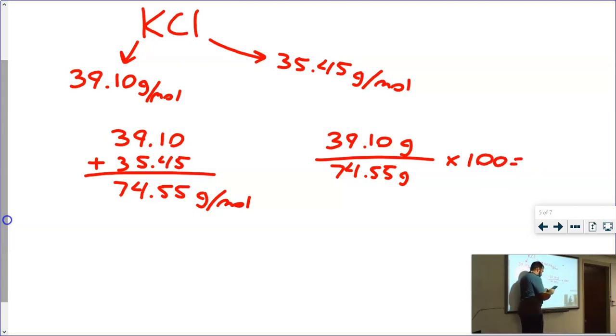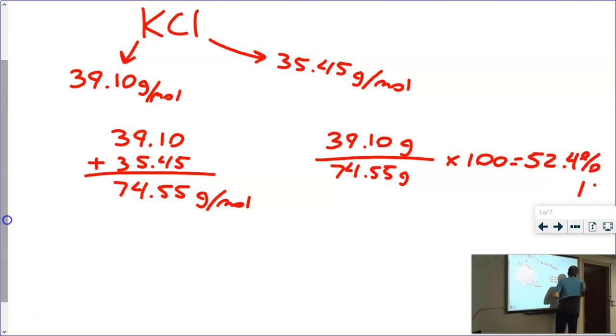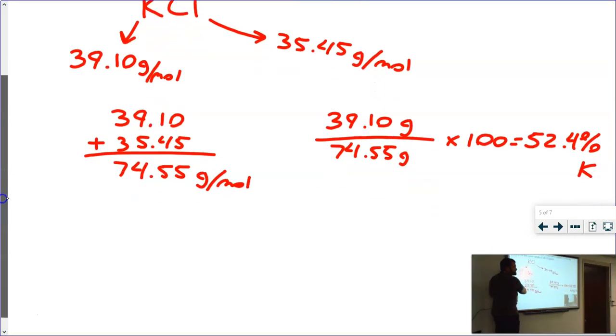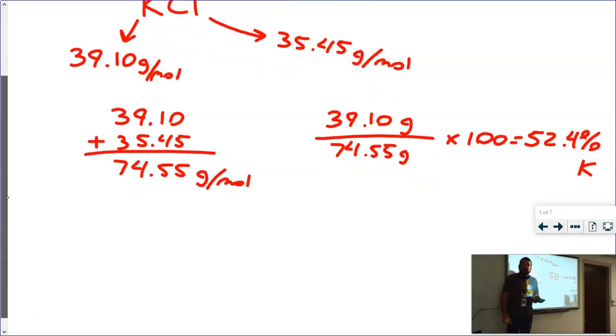And when I do that, 39.1 divided by 74.55, I'm getting 52.4% with 3 sig figs. Okay? And if I go up, that's exactly what the analysis was telling us, right? This sample was analyzed and it gave us 52.4% potassium present. Well, I just did the math and I also got 52.4% potassium for the pure potassium chloride.